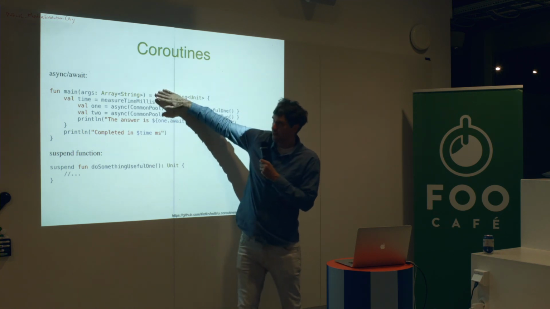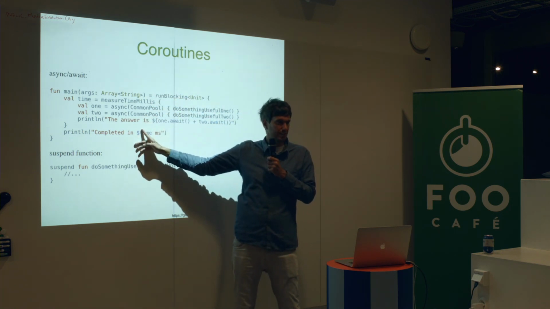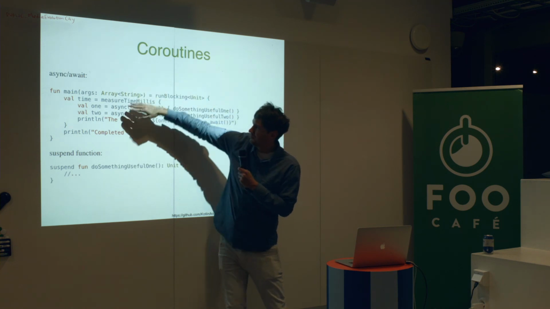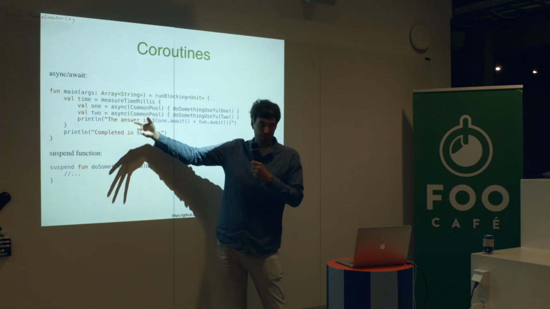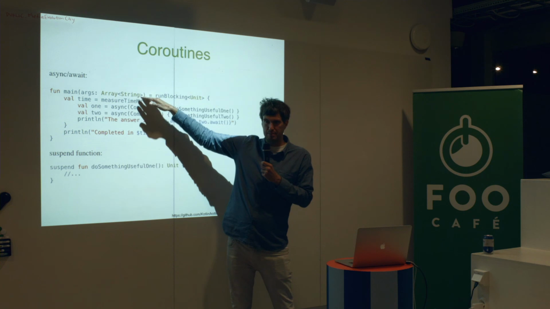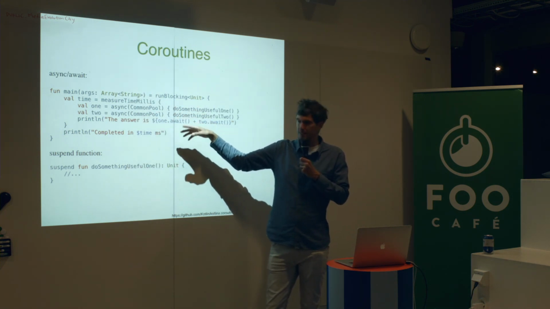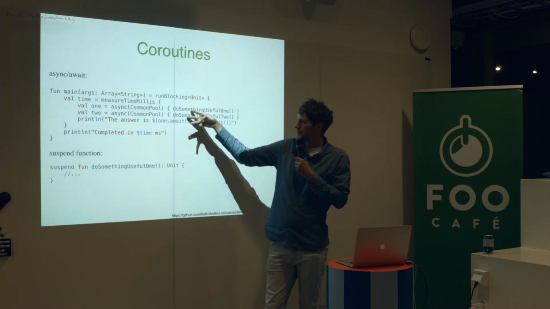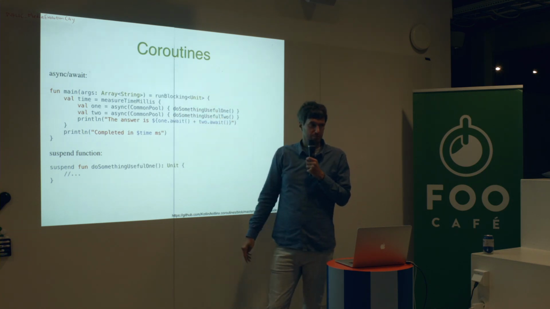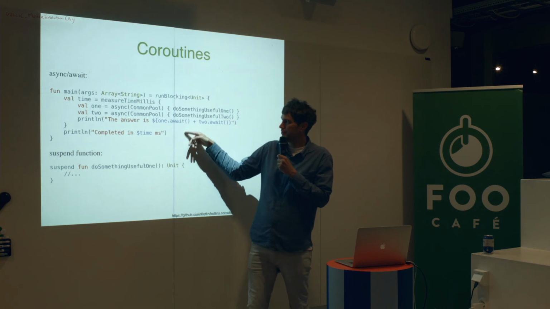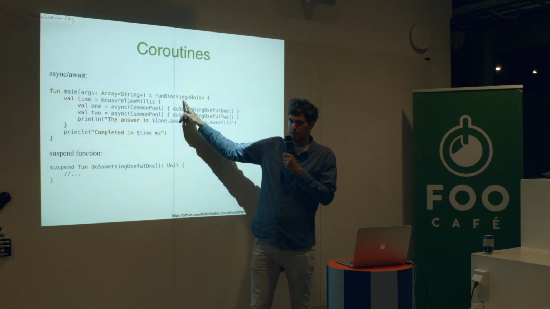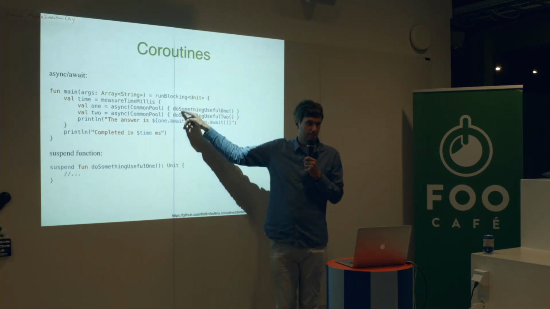But now, if we actually want to see the result here, imagine that we don't have this. We want to see the result. We can't, because the main method will just exit before the coroutine has completed the calls to these two functions. So in order to actually see the result, we have to wrap it in a run blocking of coroutine.